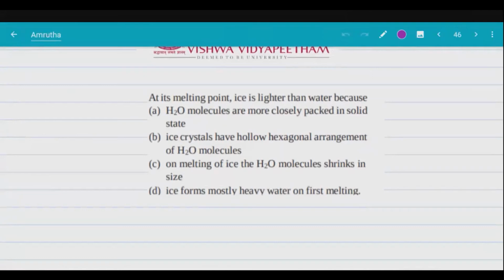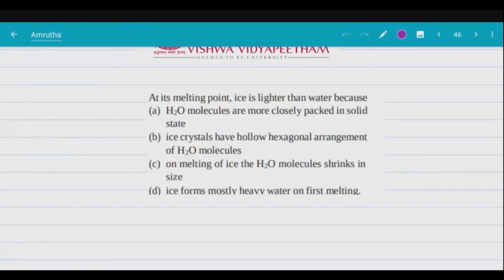First, read the options carefully. So this is a conceptual question. Please read the options, so you should get clarity about ice and water.